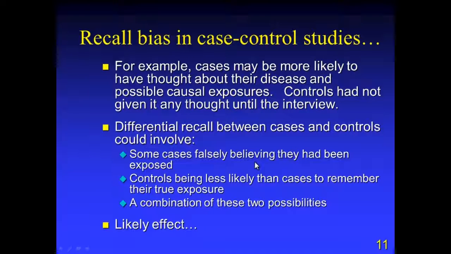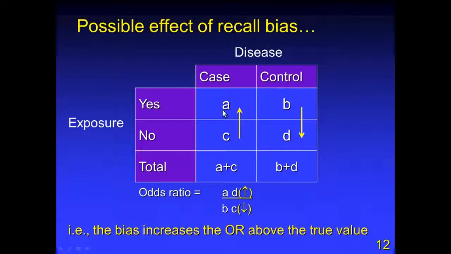So this differential recall could occur in various ways. You could have cases potentially falsely believing that they had been exposed, or it could be that controls are less likely to remember than cases because they hadn't spent enough time thinking about it. Or it could be some combination of the two. So the likely effect is like this, just thinking about it in terms of a standard 2x2 table.